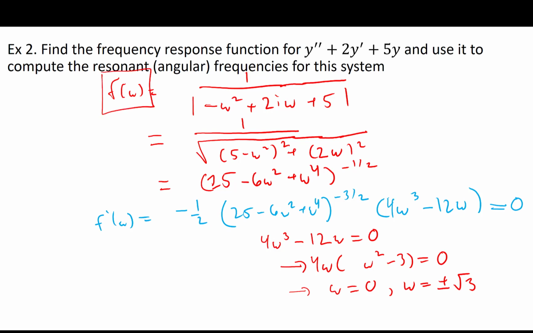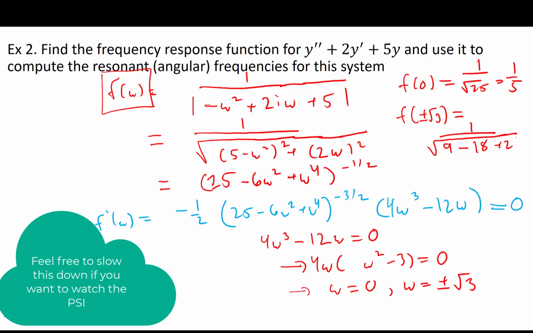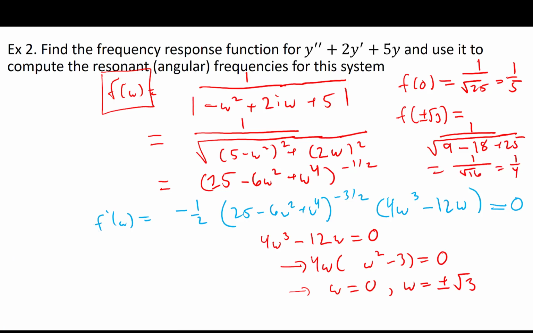We know that they're critical points. We also know that looking at the value of f, it goes to 0 as omega goes to plus or minus infinity. So whichever one of these yields the biggest value of f will be a local max. Since 1/4 is bigger than 1/5, these would be my resonant frequencies for the function.